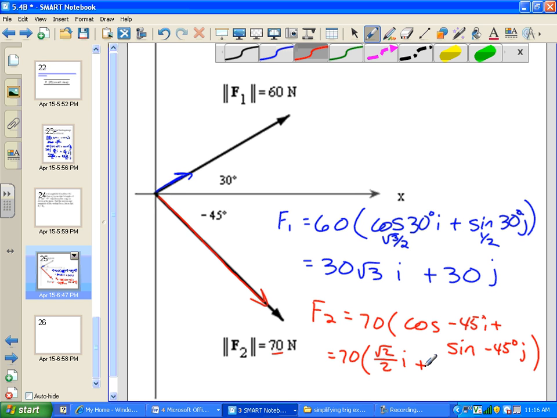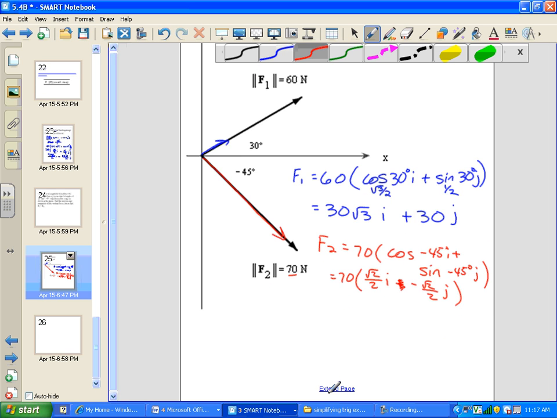Negative square root of 2 over 2. So this is actually going to say minus square root of 2 over 2 j. Okay, now let's multiply that out. So F2 is going to be 70 times square root of 2 over 2, which is 35 square root of 2 i minus 35 square root of 2 j.